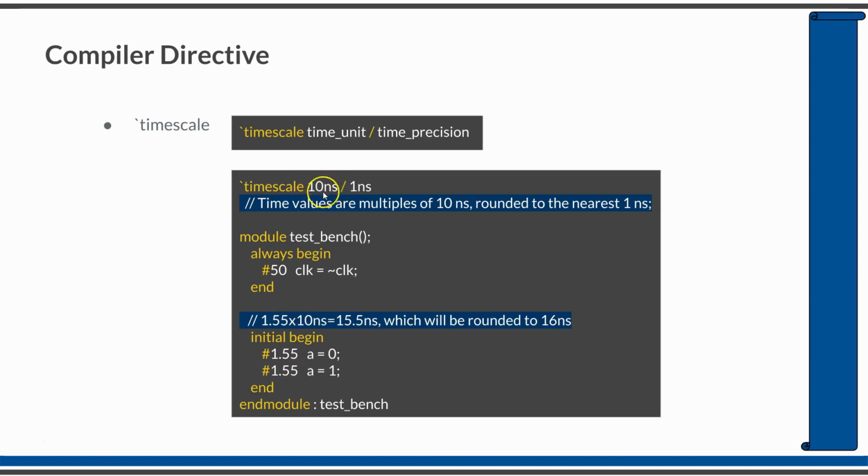As you know, the time precision is 1 nanosecond, so it will be adjusted to the nearest 1 nanosecond, which is 16 nanoseconds. Therefore this statement means after 16 nanoseconds a will be equal to 0, and again after 16 nanoseconds a will be equal to 1, with the time unit of 10 nanoseconds and time precision of 1 nanosecond.